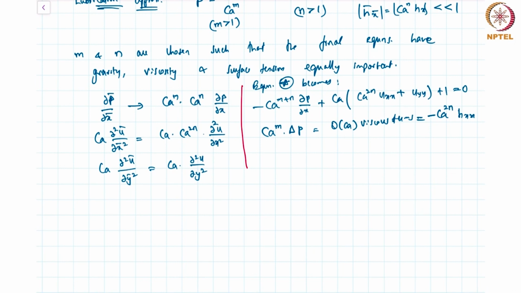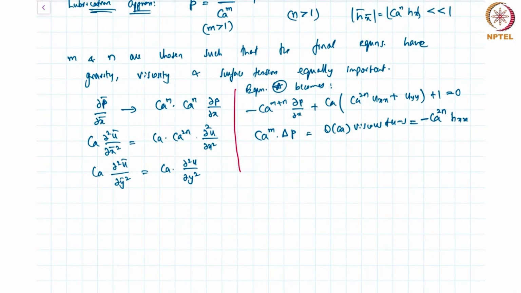So in other words, pressure is really here the capillary pressure. So I now have, looking at the balance of these two, m is equal to 2n. If I look at the dominant term here, this term is going to be very small, and the second term is the dominant term. Therefore, I now have a balance between this term and this term.